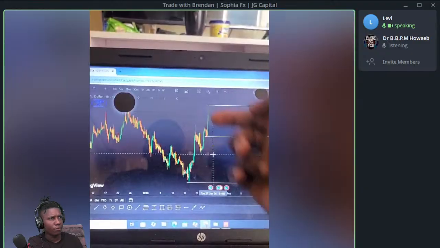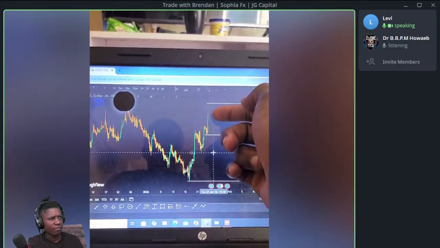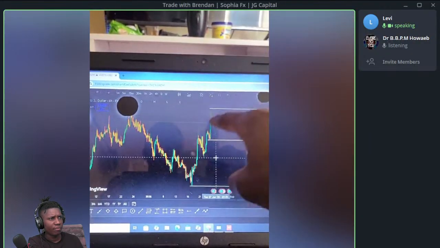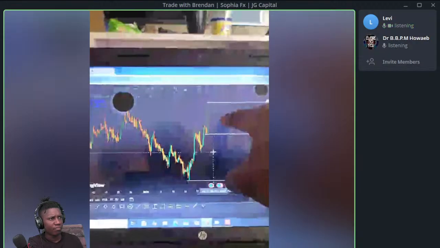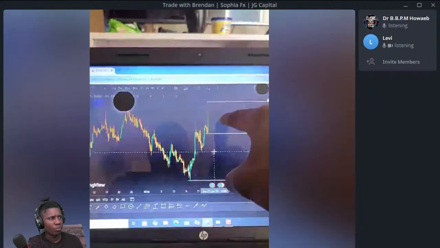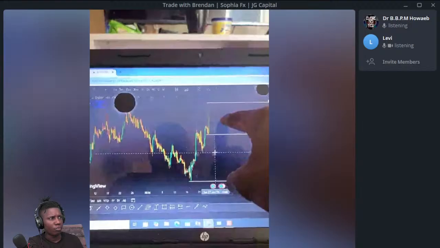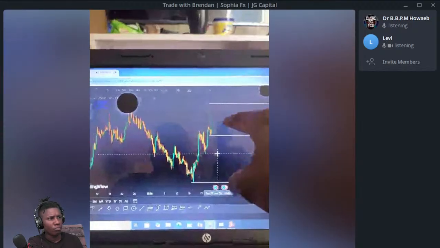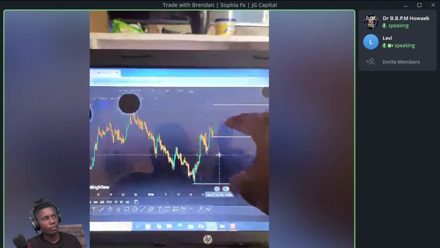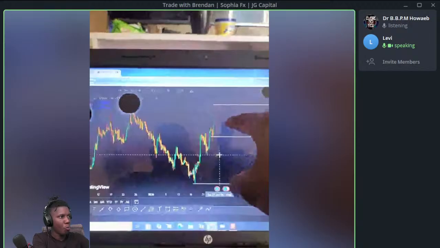I'm looking at this area to be around 50% of the daily. But if that does not happen on Monday, then maybe that area will be invalid.